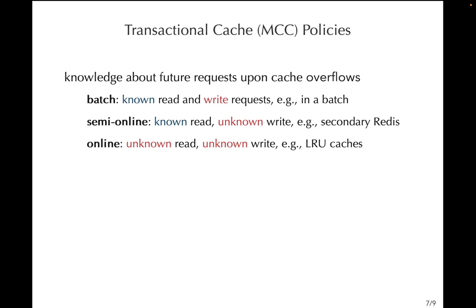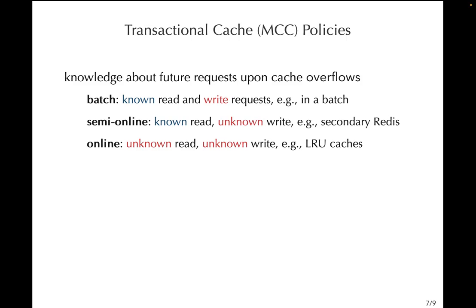First, the batch model, where we process requests using a buffer so that we can process in batches. Second, the semi-online model, where we still work in batches, but only the read transactions are known in the batch.